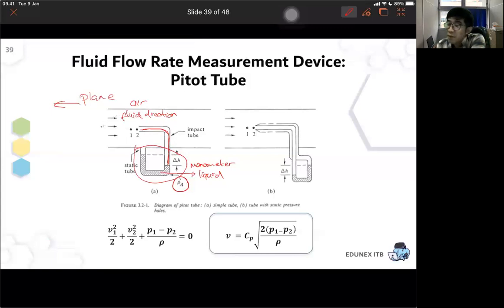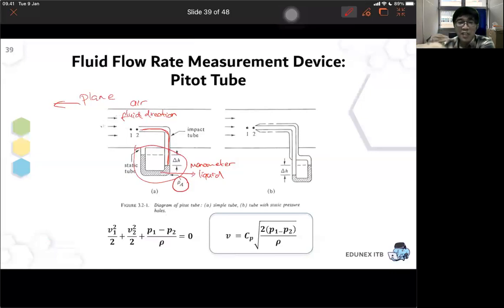First, it's comparing the pressure between point 1 and point 2. Point 1 is the point quite far from the pitot tube, representing the velocity of the air. The velocity of the air will be the same as the velocity of the plane, right?